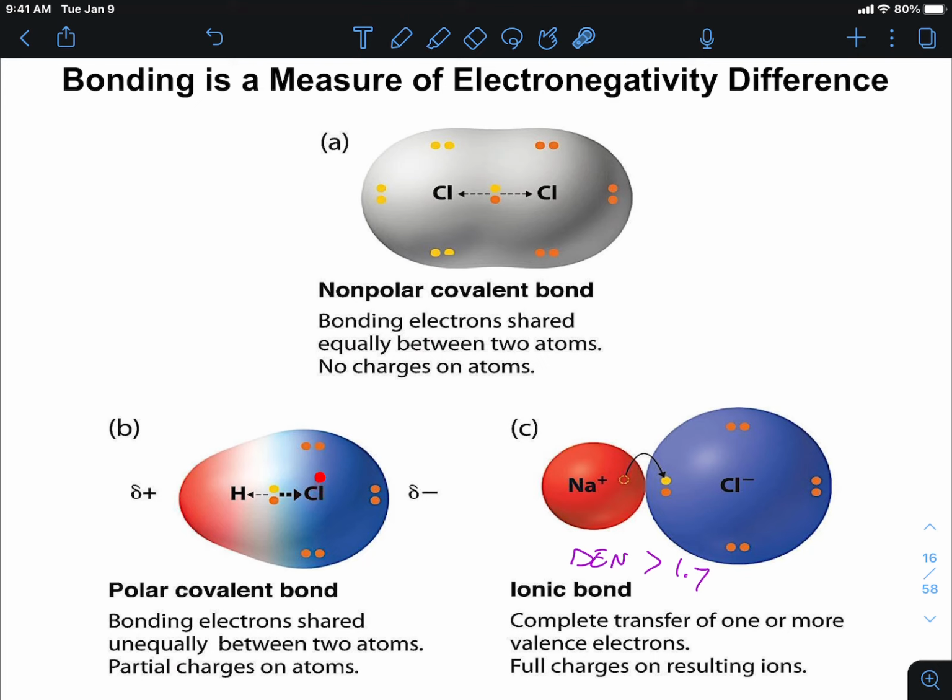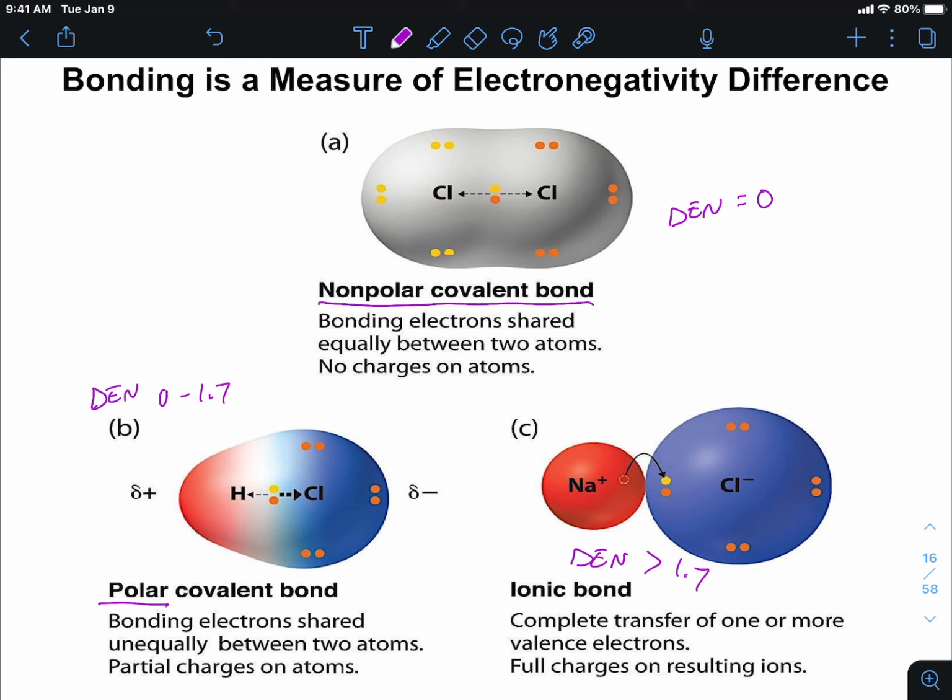One atom pulls on the electrons more strongly than the other. That's why there's an imbalance of where the electrons are. Right? This is going to happen when you have some kind of electronegativity difference, 0 to 1.7. And then when you're exactly evenly matched, when the electronegativity is exactly the same on both elements, then it's equal electron sharing. And that's a nonpolar covalent bond.